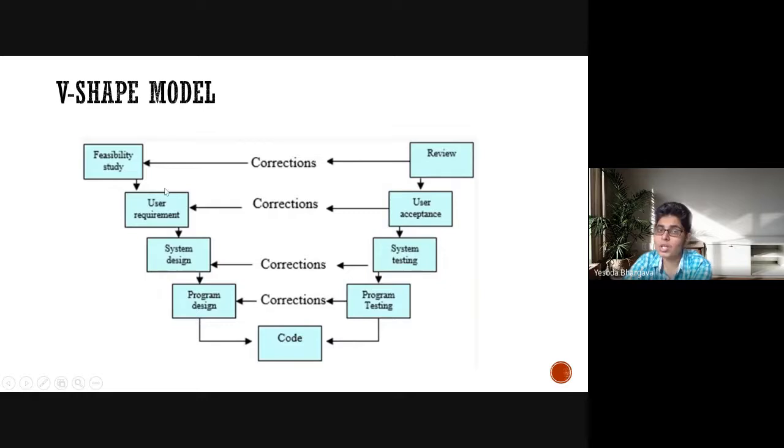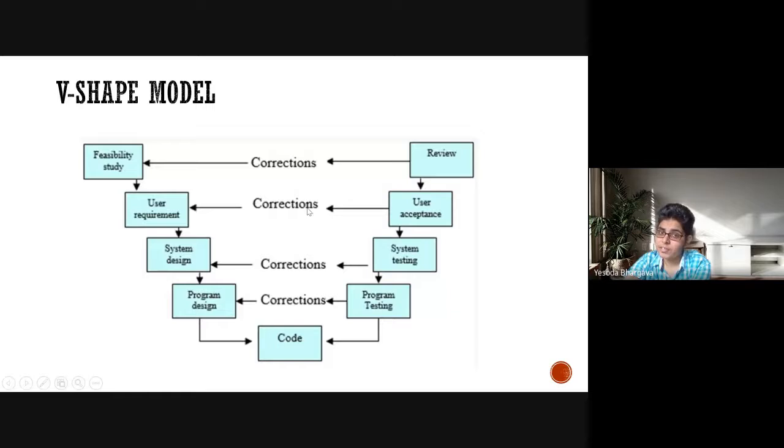Once you are at the user requirements stage, you try to review the user requirements. That could be by talking among your team members, or bringing a sample of users into your project and explaining to them the user requirements you have formed and asking what they feel about it.